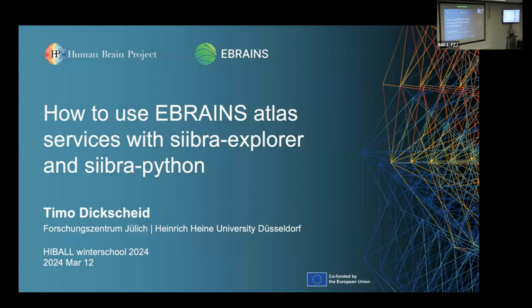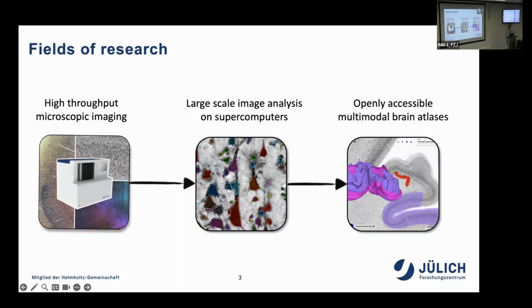All right, so I will tell you something about our Zebra tool suite and particularly focus also on how this can be used to work with the BigBrain. What are we doing? We are mostly dealing in our research group with image analysis. So we develop methods and tools to enable high throughput microscopy.